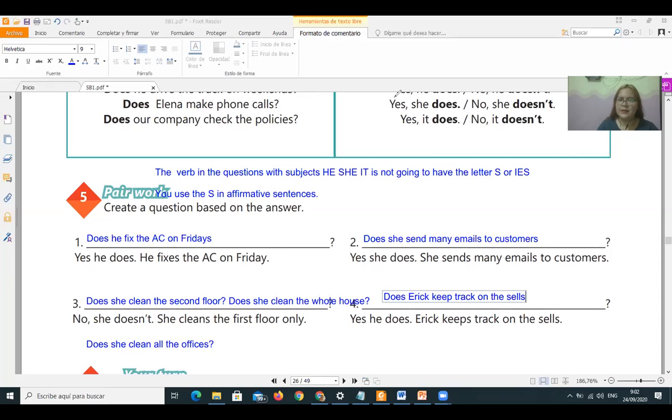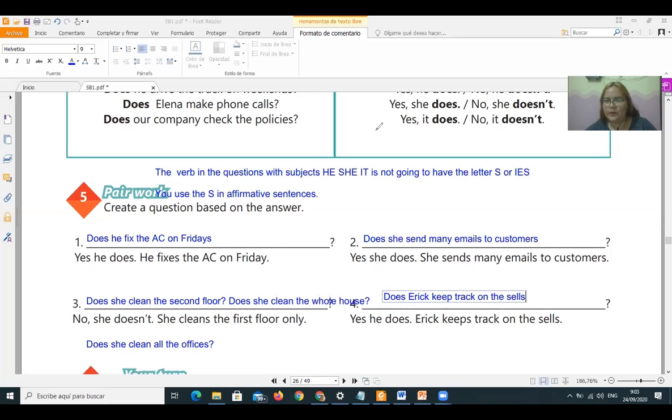Okay, so this is how you make questions when the subject is he, she, or it. Remember that in these kind of questions, we are going to use the auxiliary does first. And second, the principal verb is not going to have the letter S or IES.